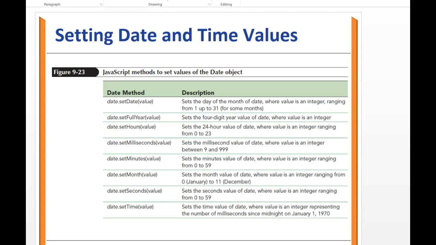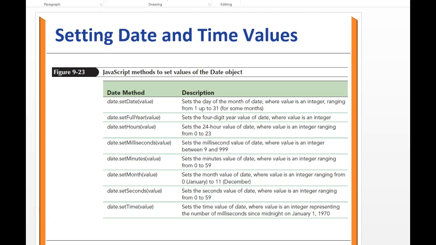So this diagram summarizes the methods supported by the JavaScript date object that are used for setting date and time values. This is the setDate method, which sets the day of the month where the value is an integer, and then you can use this kind of method to set the 4-digit year. You can use this kind of method to set the 24-hour date, and so on.